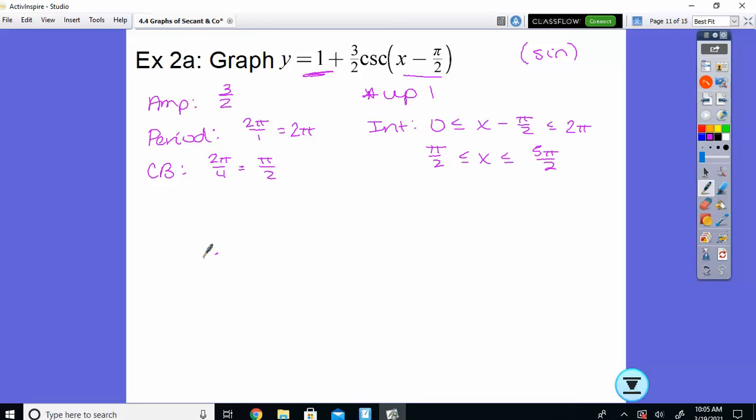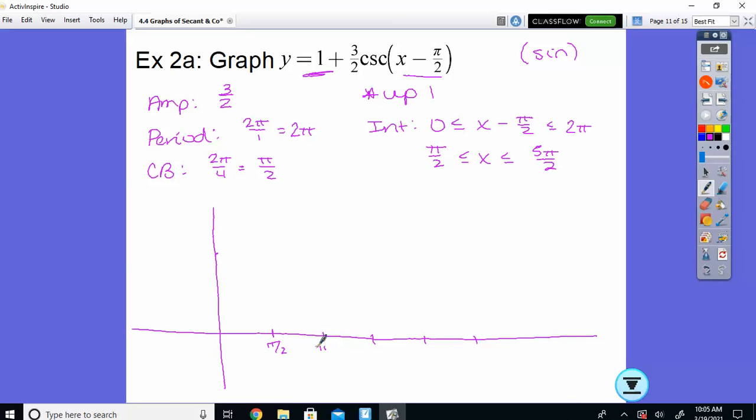Alright, let's draw this. So my first point will happen at pi over 2. Then you count by 5 total points.